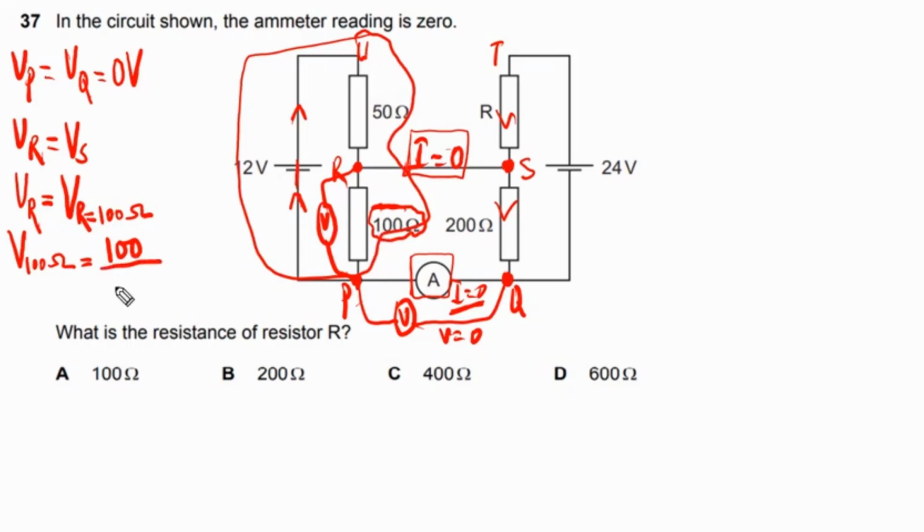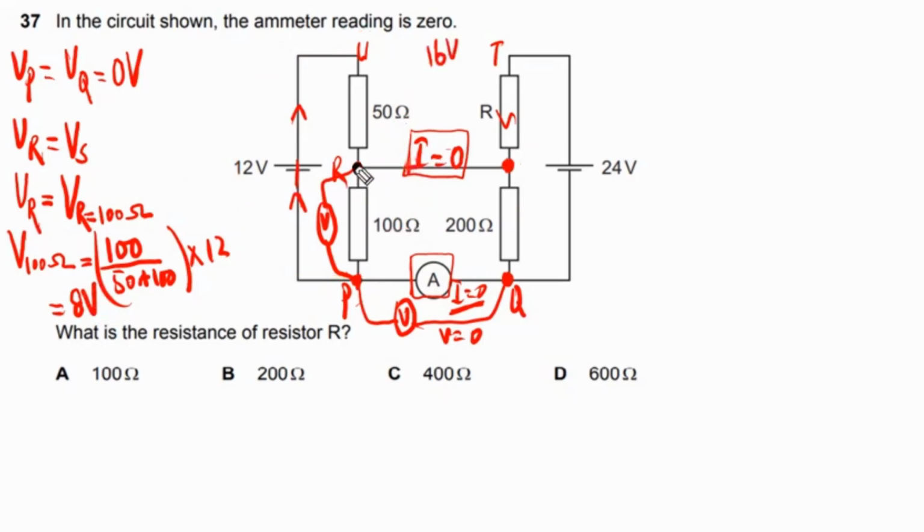The total resistance is 50 plus 100, and we multiply by the EMF of the power supply, that is 12. So the potential difference across the 100 ohm resistor will be equal to 8 volts, which is the same as the potential at point R.